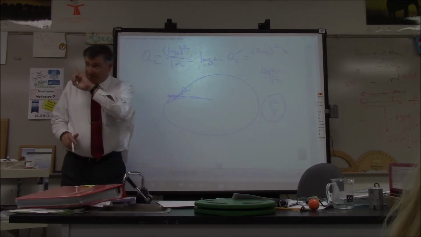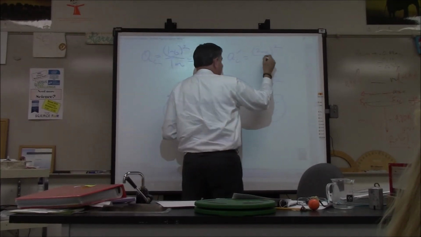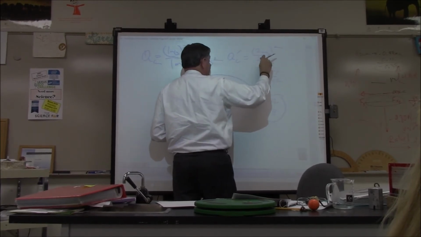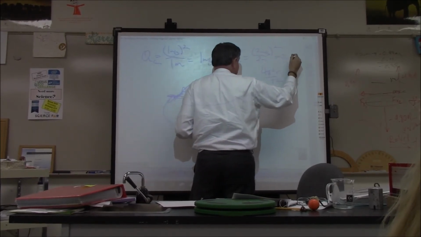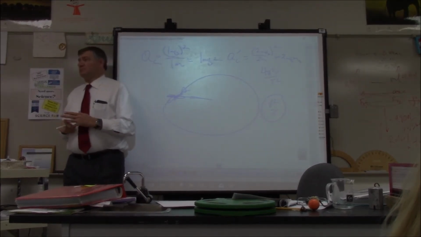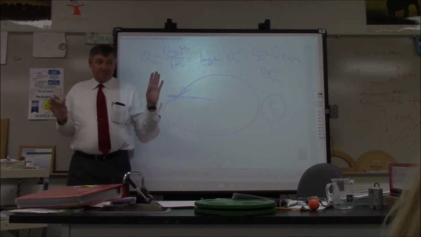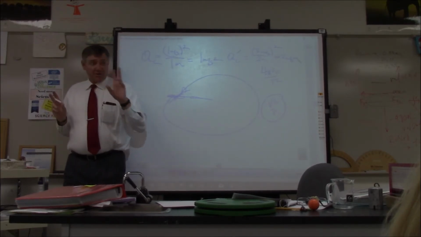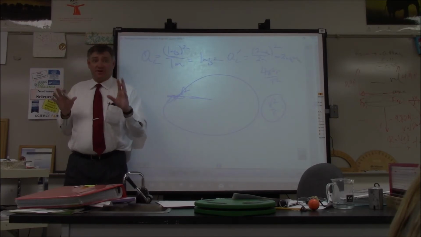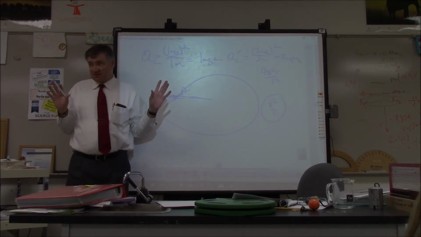So that's going to become 2 meters as well. So 2 squared should give me 4, divided by 2 gets me 2. So what happens to my centripetal acceleration? It doubles. Okay? There you go. Now, that's what we call smash mouth physics.